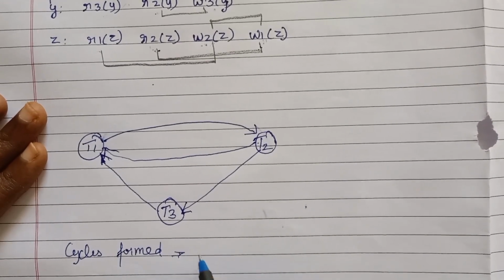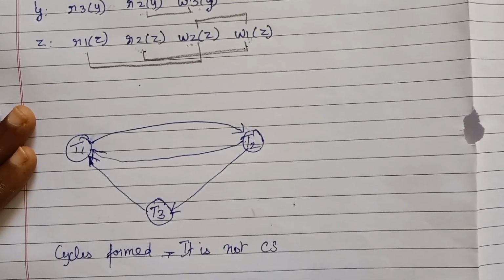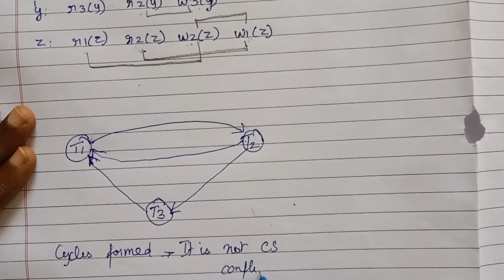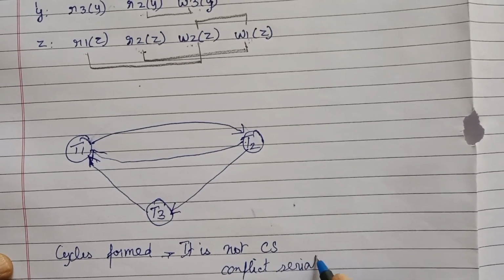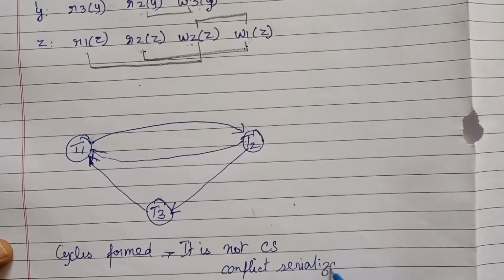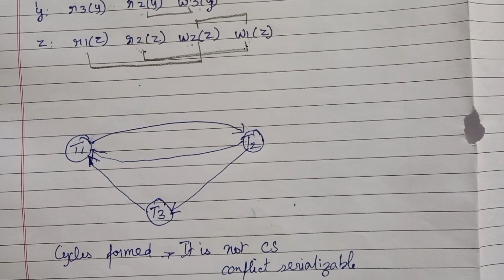Okay, cycles formed. So that means it is not conflict serializable. Okay, so you find that S1 is conflict serializable, but the S2 schedule is not conflict serializable.